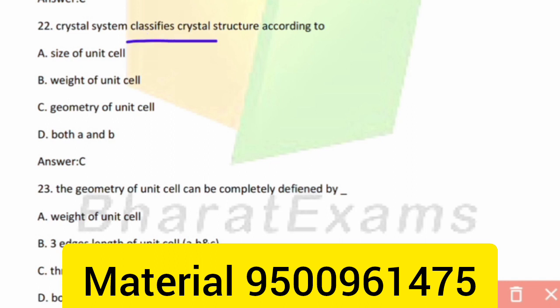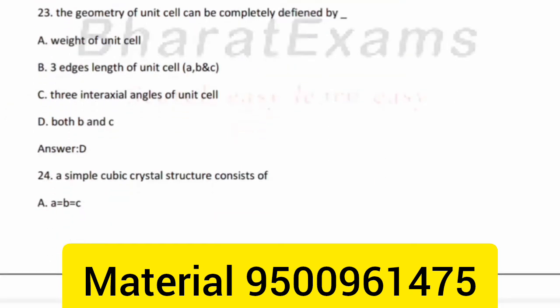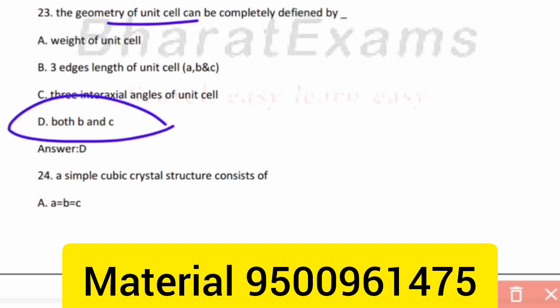Crystal system classifies crystal structure according to the geometry of the unit cell. The geometry of a unit cell can be completely defined by both B and C: 3 edge lengths of the unit cell, 3 interaxial angles of the unit cell.